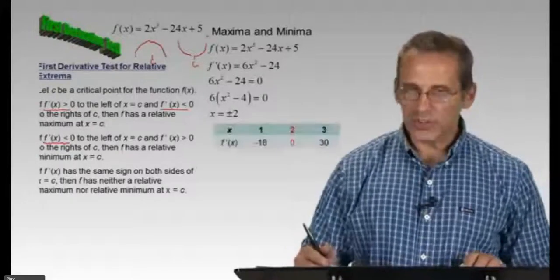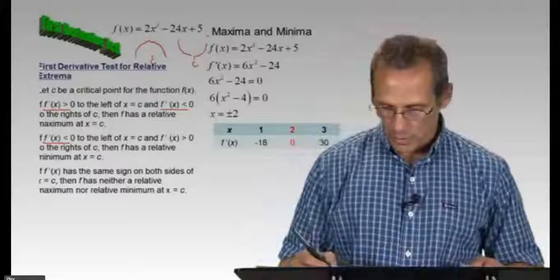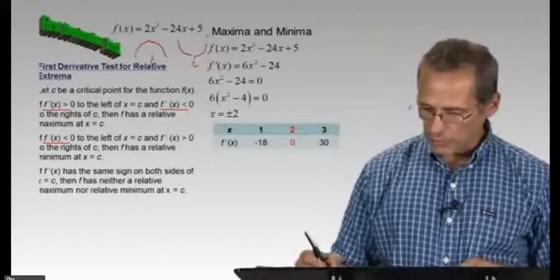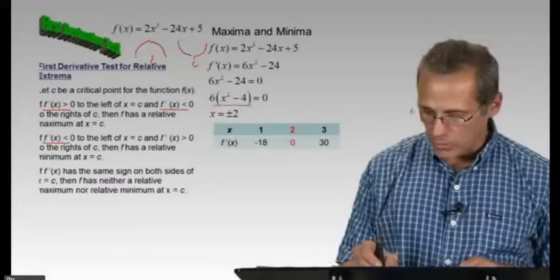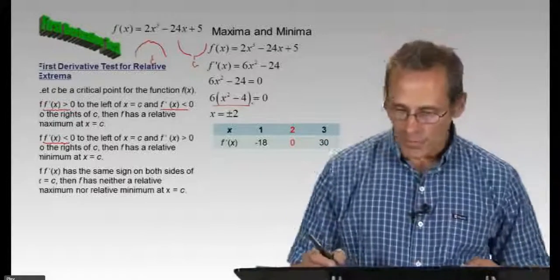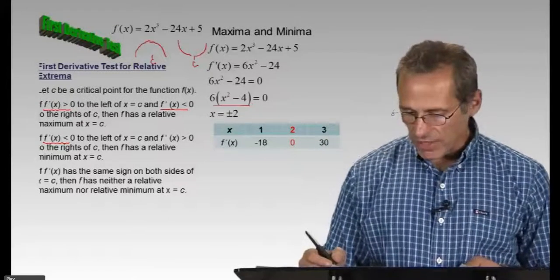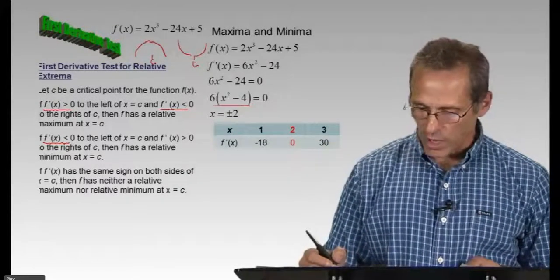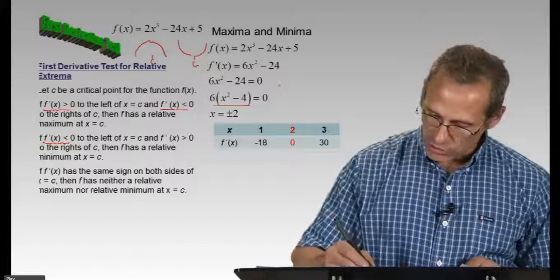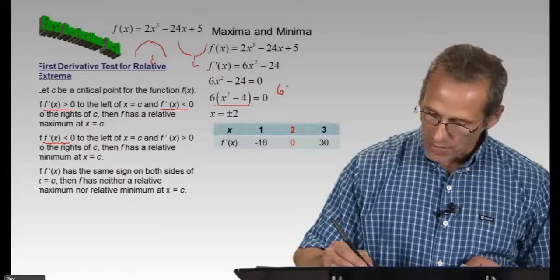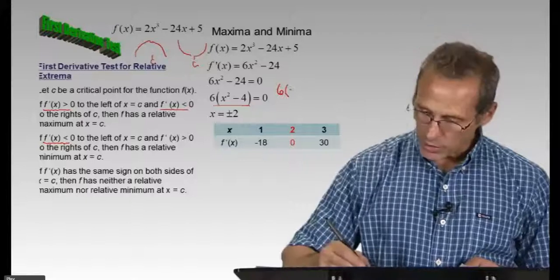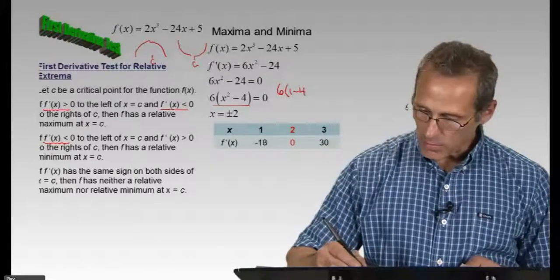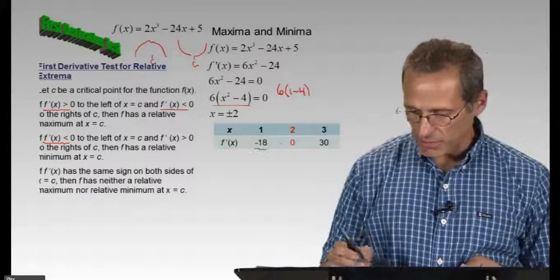So we will set up a table of values. We will take 2, and if we substitute it into the derivative, we get 0. If we take a value of x less than 2, which is 1, and substitute it into the derivative, then we would have 6 times 1 squared minus 4. It's negative 18.